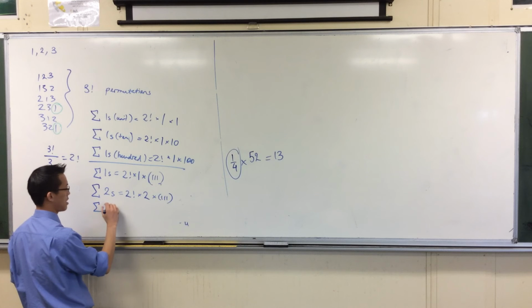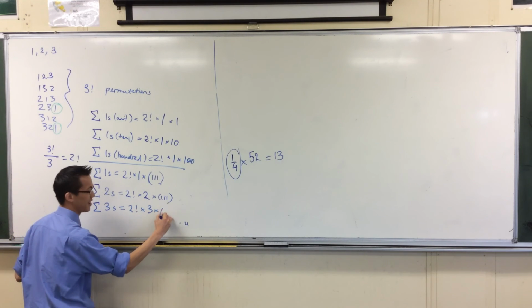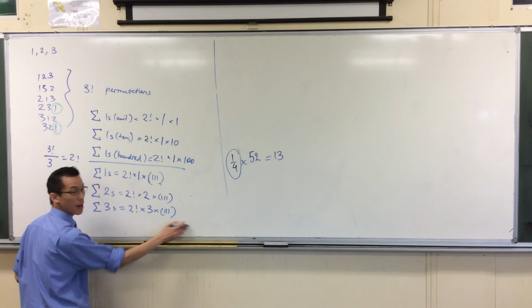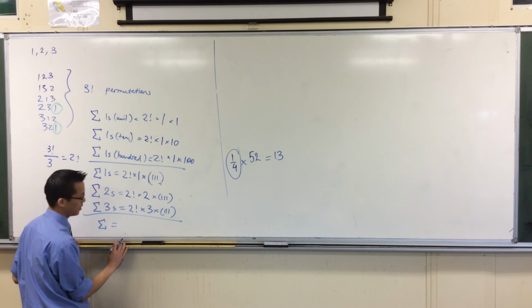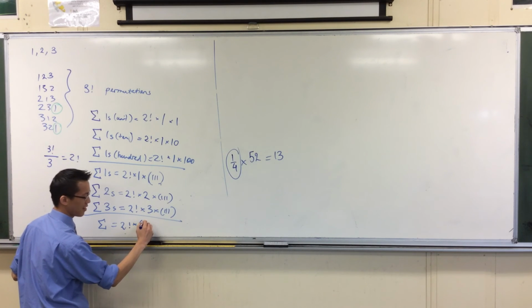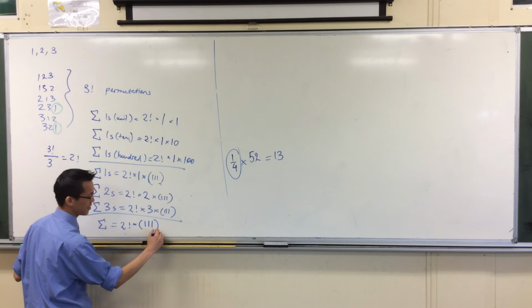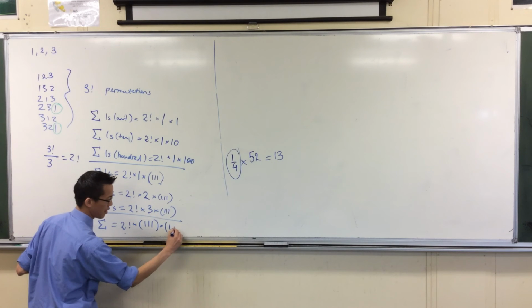I'll do the same with the 3s. There's still 2 factorial. Now they're worth 3, and you still get 111. So now I factorize one more time to get the sum of everything: 2 factorial times 100s, 10s, units, and then I have 1 of them here, 2 of them here, 3 of them there.